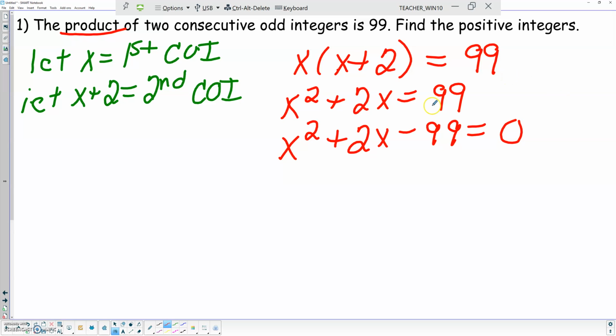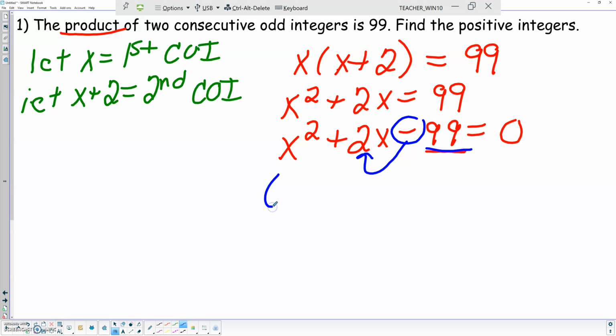And then we want to try to solve by factoring. So the first thing we look for is the GCF. Okay, so these three terms don't have a greatest common factor. All right, so now we're going to try our try-to-buy method. We're going to go from a trinomial to two binomials. So we're looking for numbers that multiply to 99 and subtract to 2.